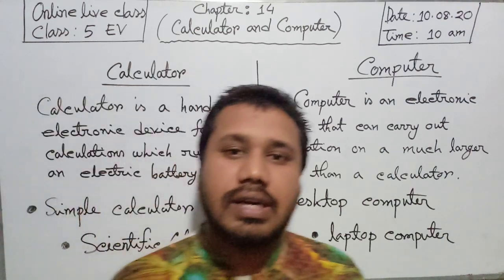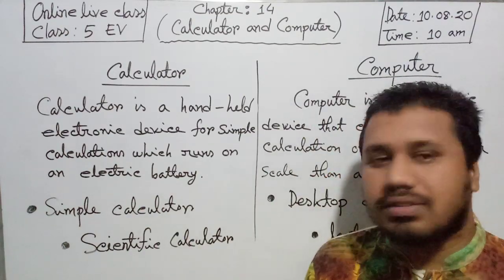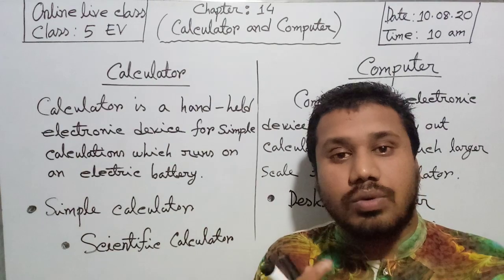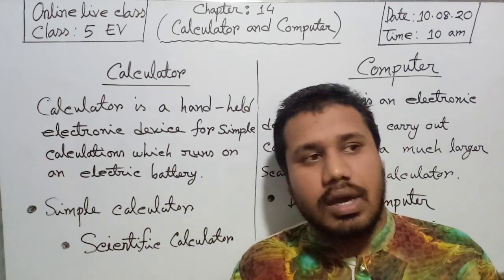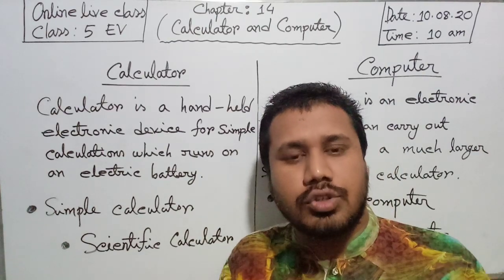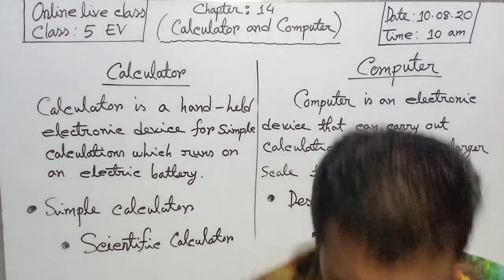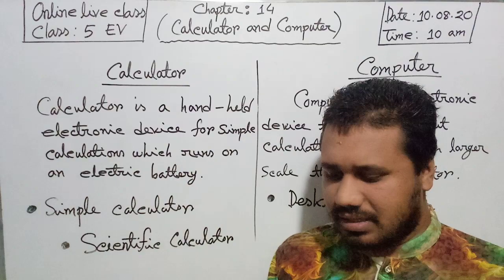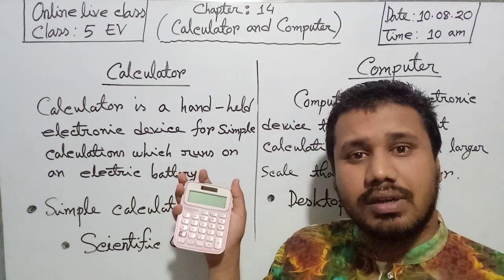Now you can find there are two types of calculator, simple calculators and scientific calculators. What is the use of a simple calculator? We can use a simple calculator for our daily uses, at home, shops or small business. This is a simple calculator, this is also a simple calculator.